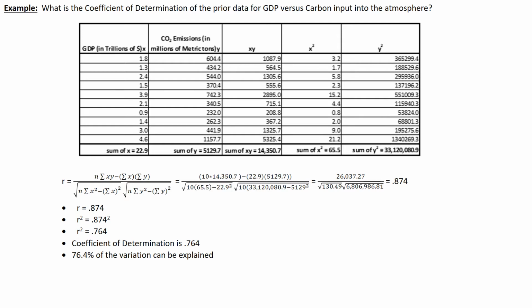In other words, 76.4% of the variation in the relationship between gross domestic product and CO2 emissions can be explained between these two sets of data, which means that 23.6% cannot be explained.